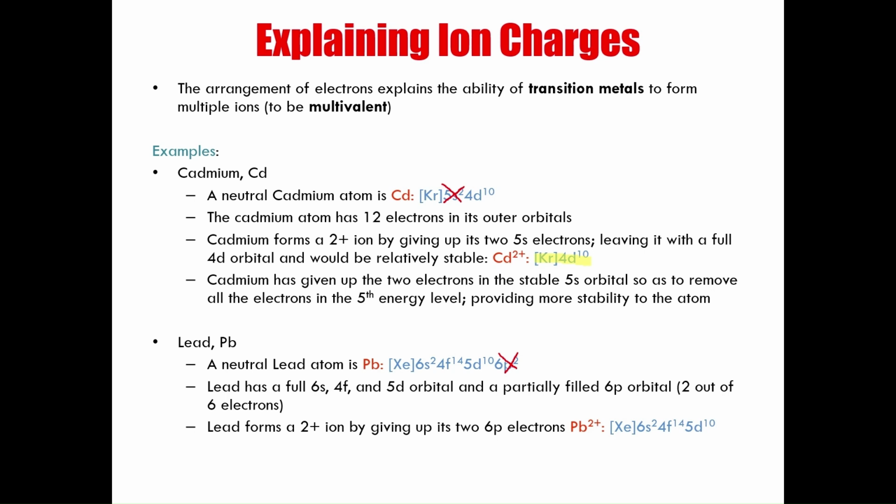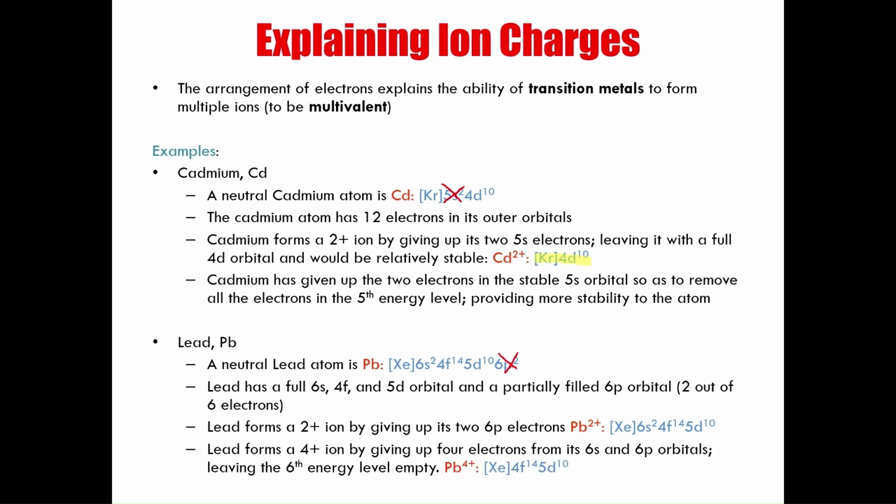Not only is the 6th energy level unstable because it's unfilled, but it also had 2 electrons that were partially filling the p orbitals in the 6th energy level. So it lost those 2 electrons, giving a relatively stable, not as stable as a 4 positive, but a relatively stable 2 positive charge. But of course, the most stable charge for lead is its 4 positive charge.